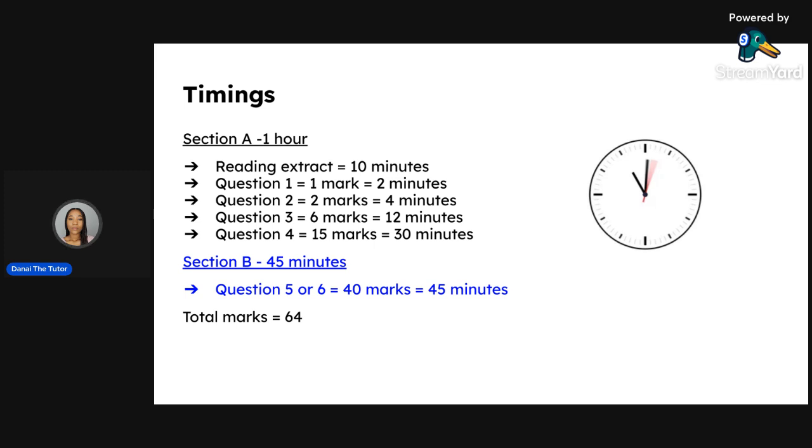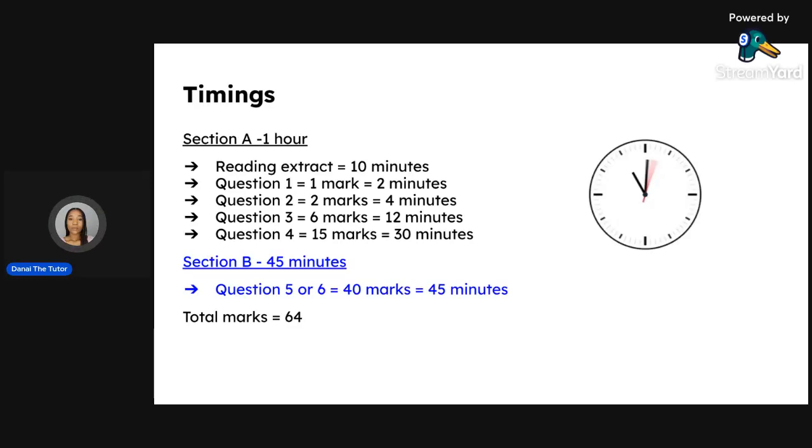What you'll notice about the timings there is that however many marks, you double that number to get how much time you should spend on that question. So an easy way to remember the timings for paper 1 is you double the amount of marks it's worth to get how many minutes you should spend on that question.